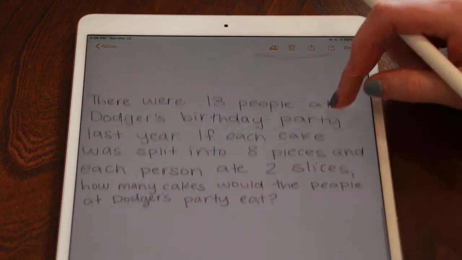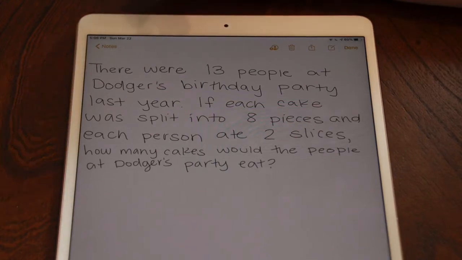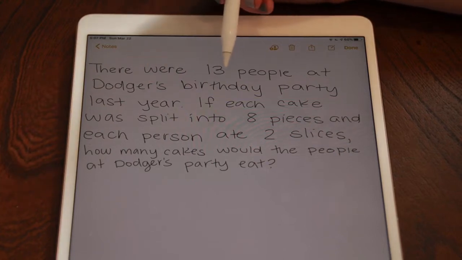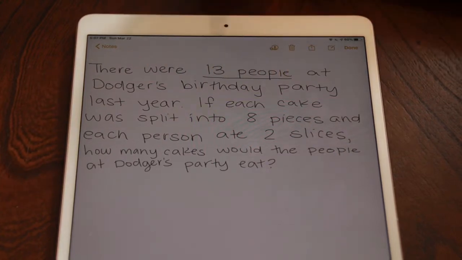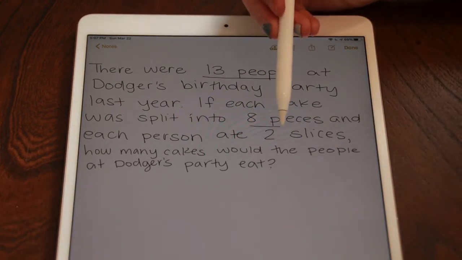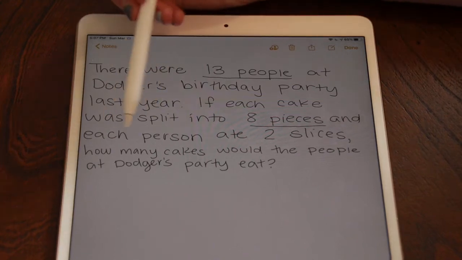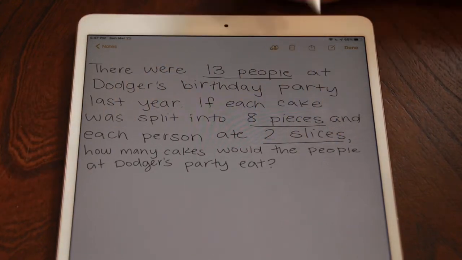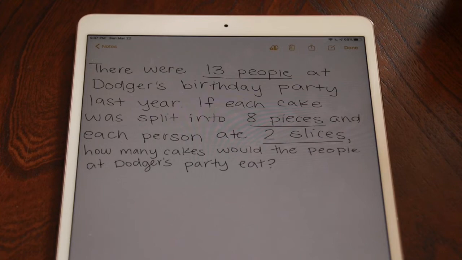Okay, the last one. This one's kind of tricky because there's not a fraction in this, but we can create one. It says there were 13 people, and I'm going to underline it because it's important, at Dodger's birthday party last year. If each cake was split into 8 pieces and each person ate 2 slices, how many cakes would the people at Dodger's party eat?